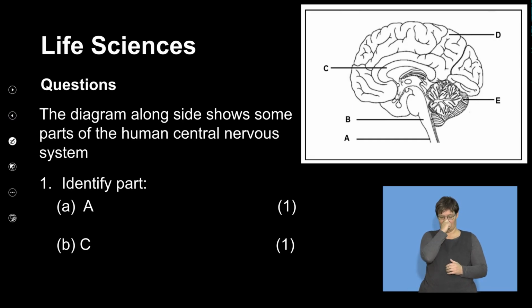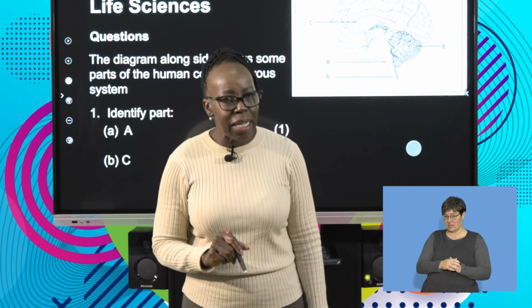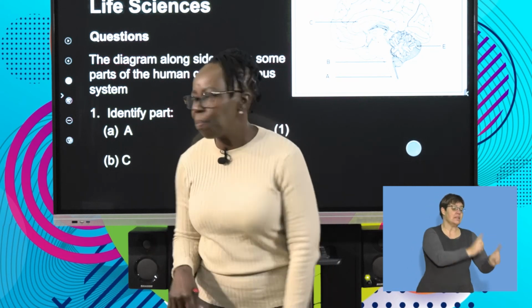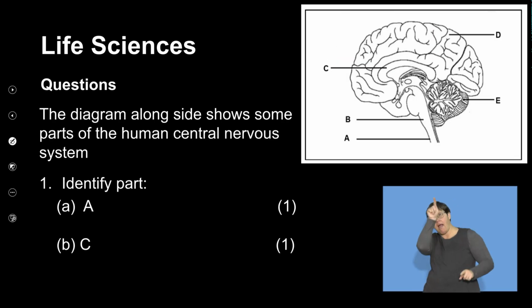Question 1 here, we're looking at the diagram. It's key to study the diagram before you attempt any question. So the diagram here shows the structure of the brain, and we've got all those letters that indicate the parts of the brain.